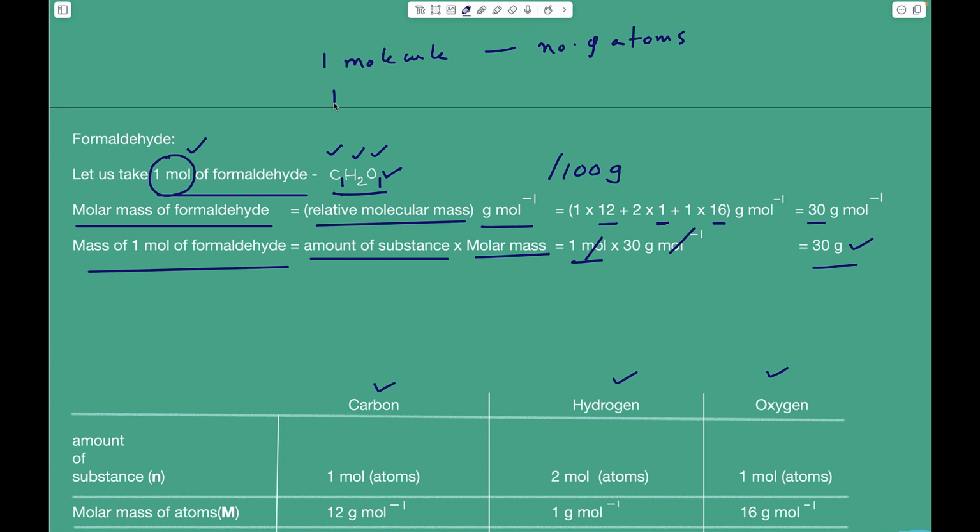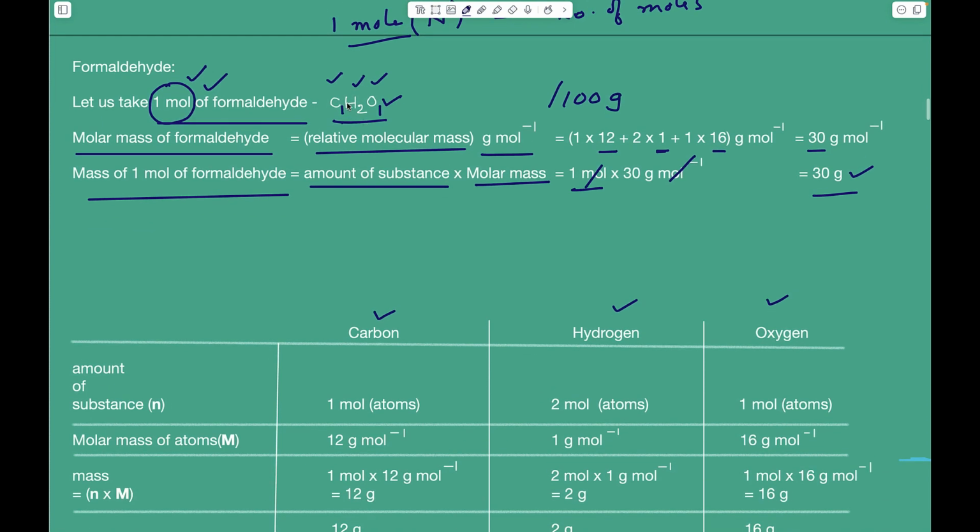But if you take 1 mole of that compound, that is an amount of substance that contains an Avogadro's number of molecules, then the same subscripts tell us the number of moles of each element present in 1 mole of that substance. Here we started with 1 mole of formaldehyde.